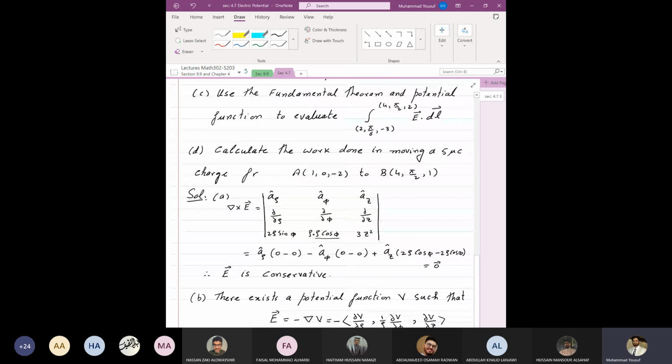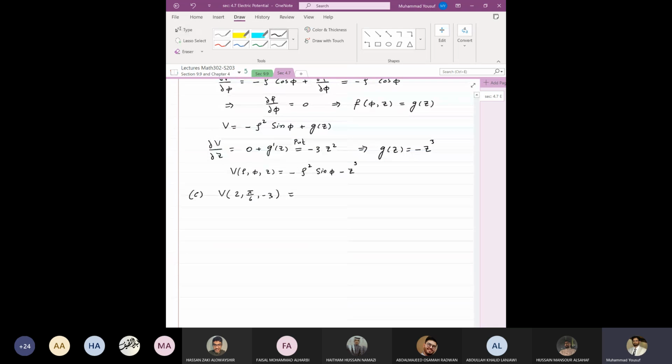Let me see, 2, pi over 6, negative 3. And this will give us negative, rho is 2, so it is 4. Sine pi over 6 is 1 over 2. And minus z cubed, minus of negative 3 to the power 3. So it is negative 2 plus 27. So it is 25.